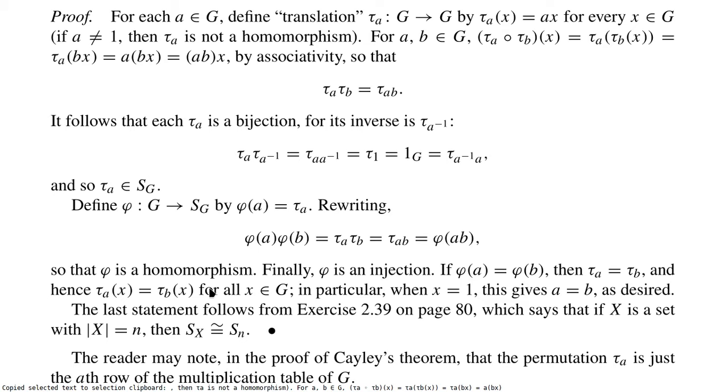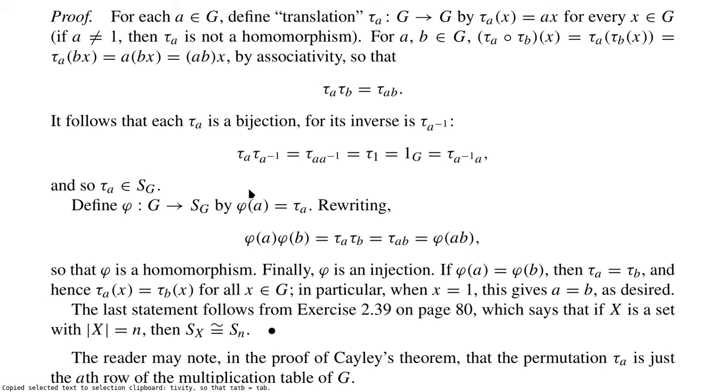And this says that each translation is a bijection, because if you look at the inverse of tau A, it is going to be the translation by the inverse element in the group. You had A, the inverse element is of course A inverse, so you apply tau on that. When you take the product tau A times tau A inverse, by what we established here you get tau of A times A inverse, and that's just the identity.